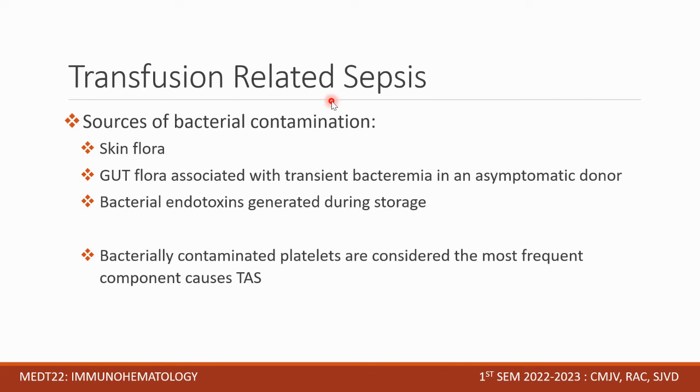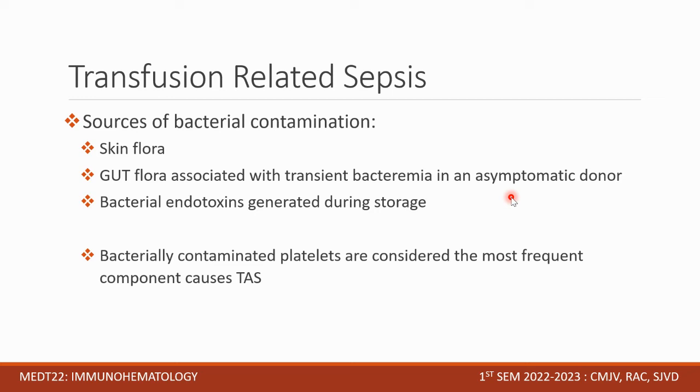So, sources of bacterial contamination, you have skin flora. So, hindi proper aseptic or hindi na-sterilize probably yung during nung blood collection. Okay? Or kaya naman gut flora associated with transient bacteremia in an asymptomatic donor.